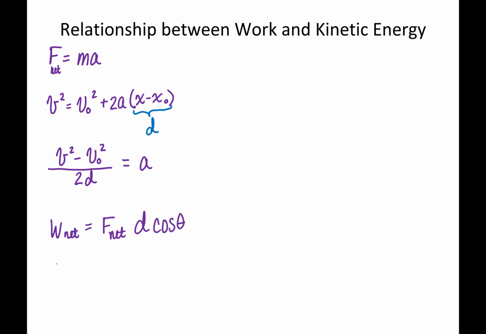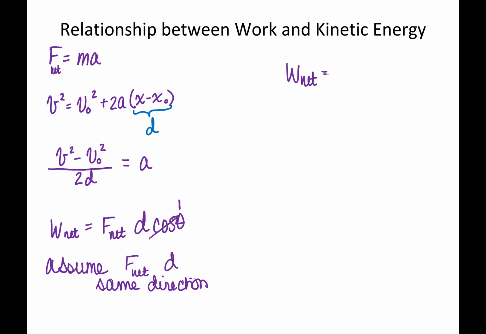To make things simple, let's assume that the F net and d are in the same direction. What will that make cosine of 0 then? That just becomes 1. Okay, so we just have F net. So I've got my work net is equal to F net times d.